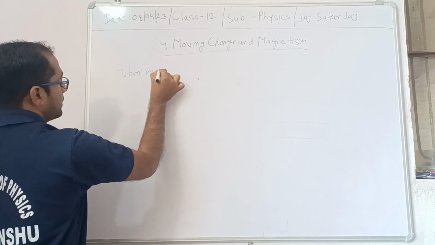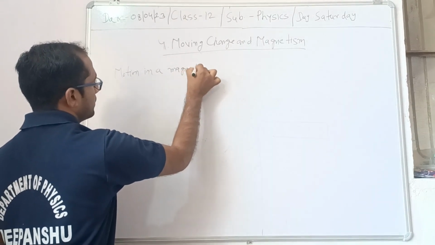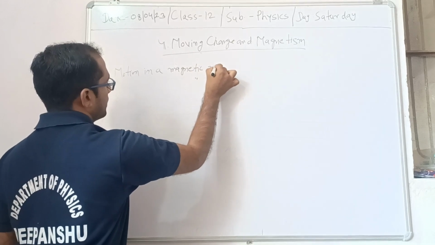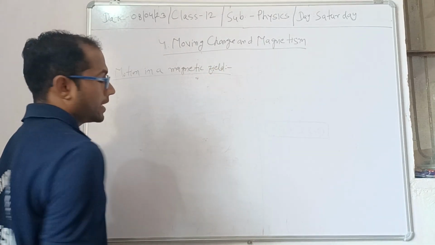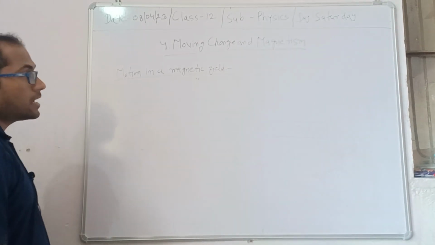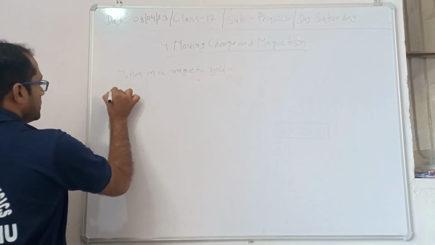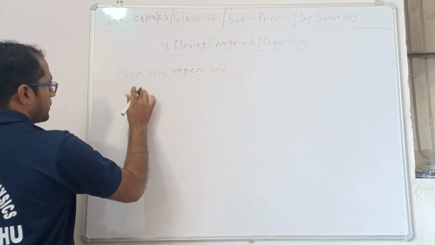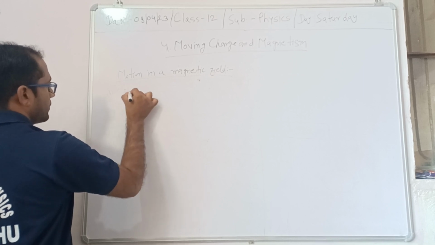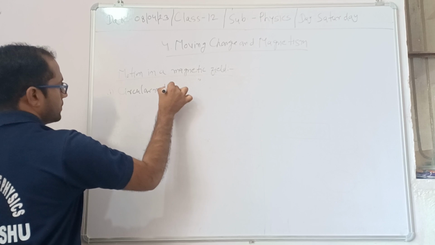There are two types of motion generated. First is circular motion.